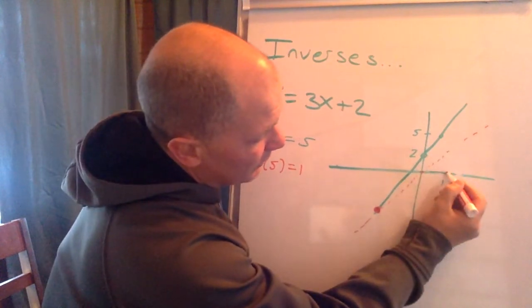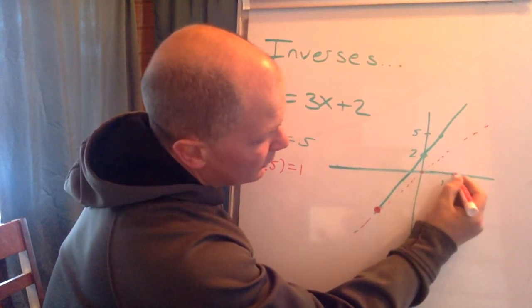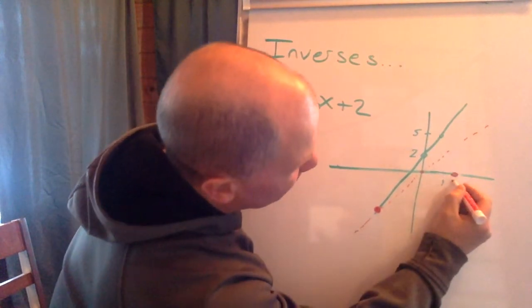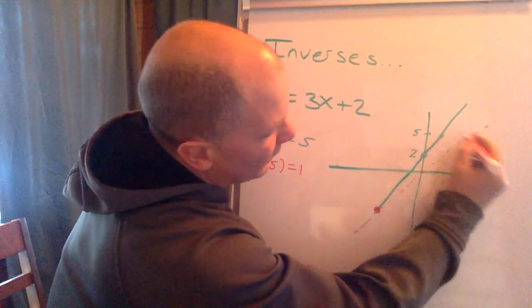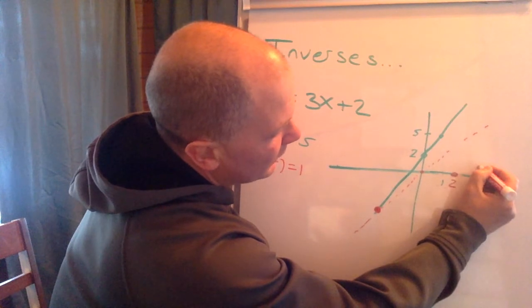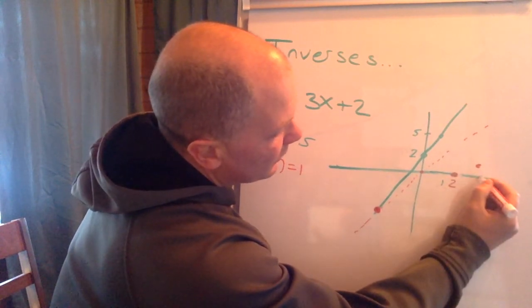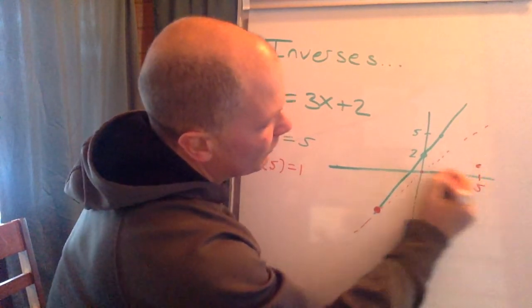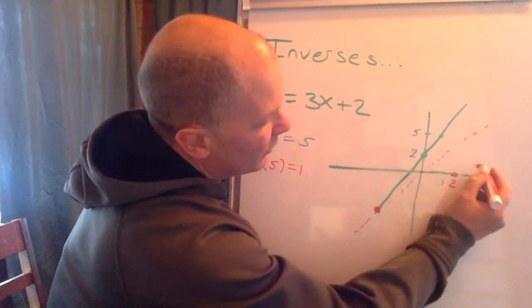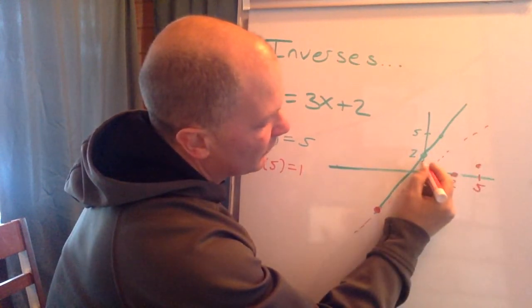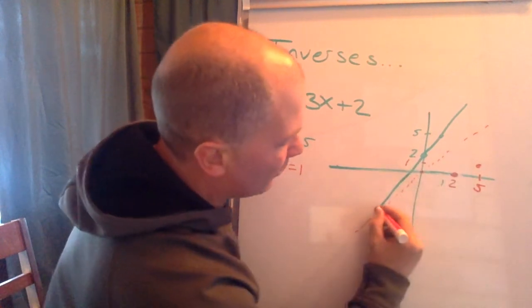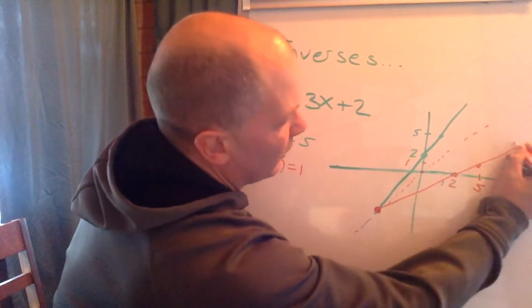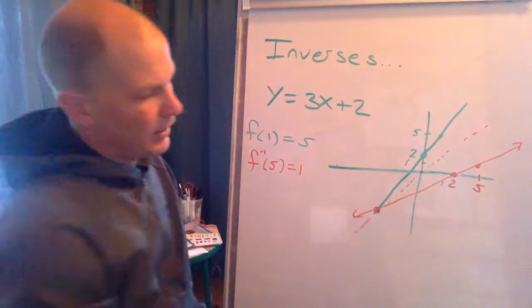This 2 would get mapped over here to a 2 over here, and maybe this isn't going to look to scale. And the point 1, 5 would have to be mapped over here to the point 5, 1. So our symmetric graph, or our inverse graph, would actually look like that.